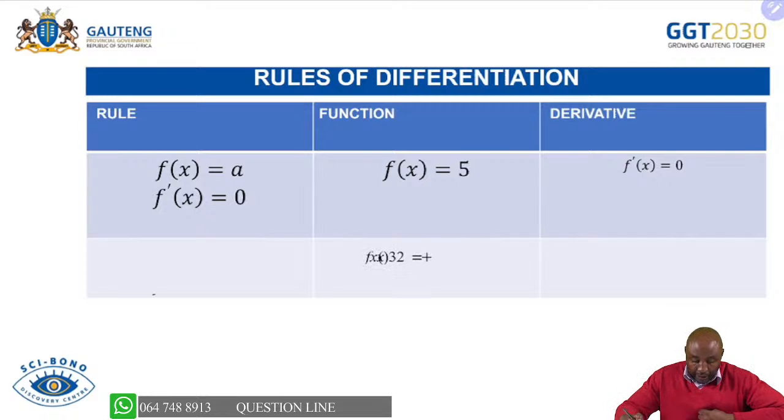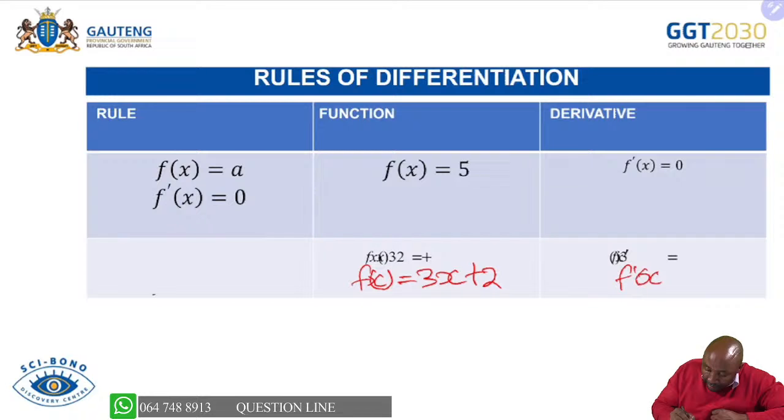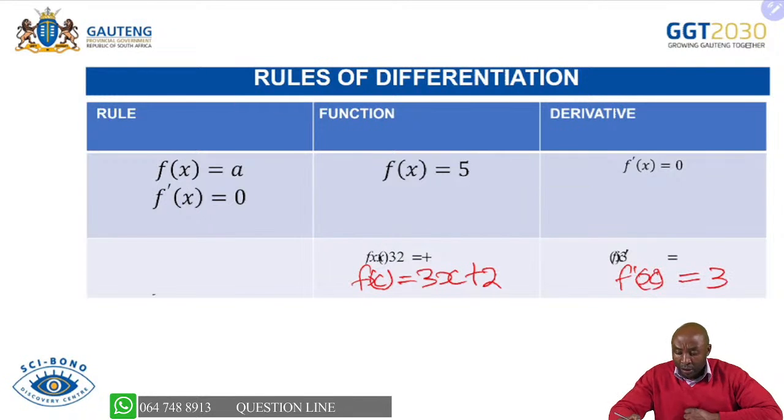We did the derivative of f of x is x plus 3. We had f of x is equal to 3x plus 2. We did the derivative and we found out that f dash of x was 3. So we can try and check what happened.